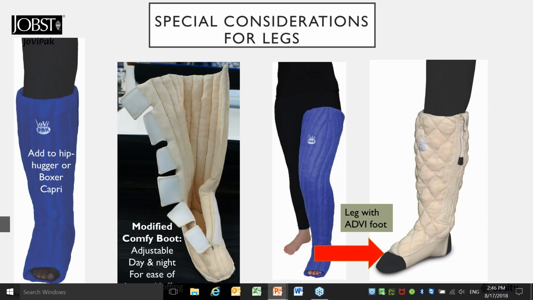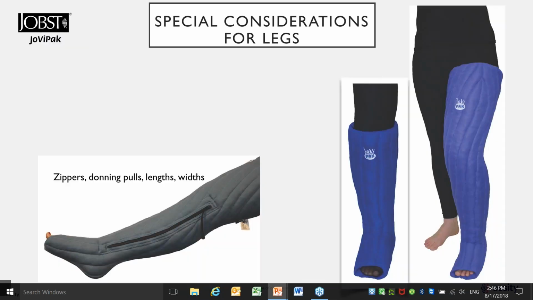You can also add zippers, as we've talked about, and donning pulls. You certainly have every length and every width that you need for your patients, and we will offer the channeling that would be appropriate for primary or secondary lymphedema. Make sure that you check that on your forms.